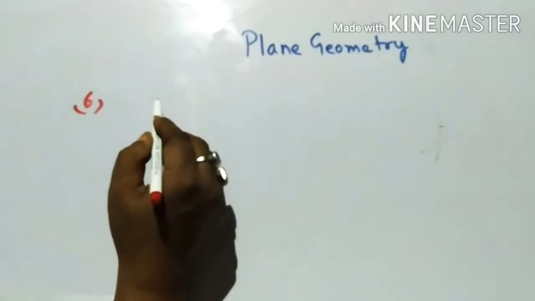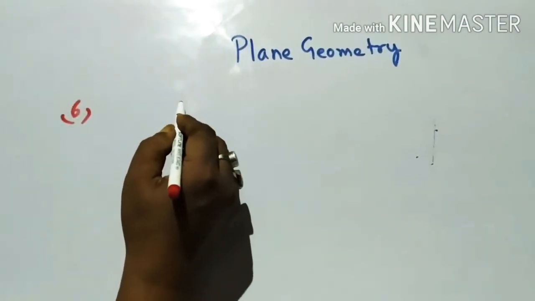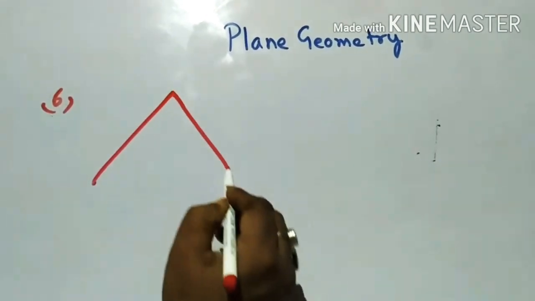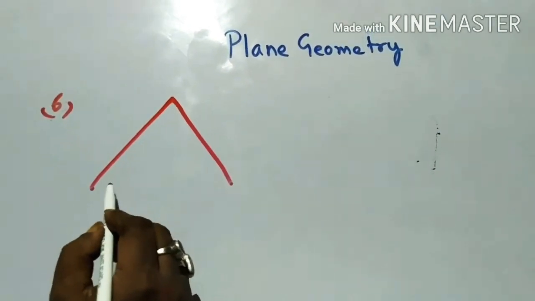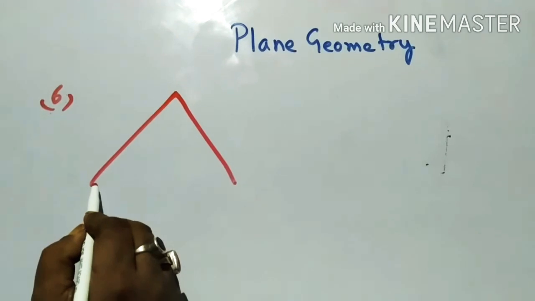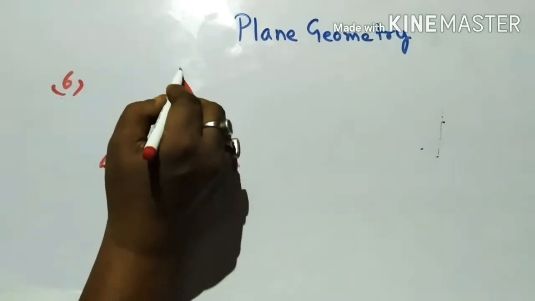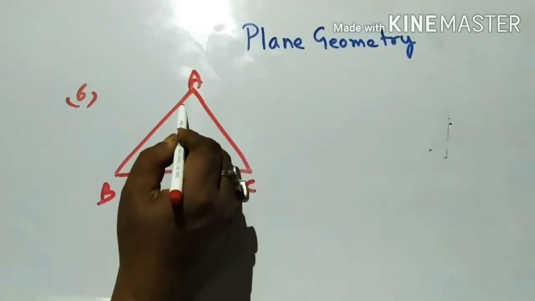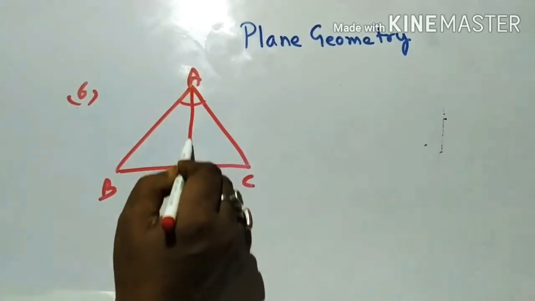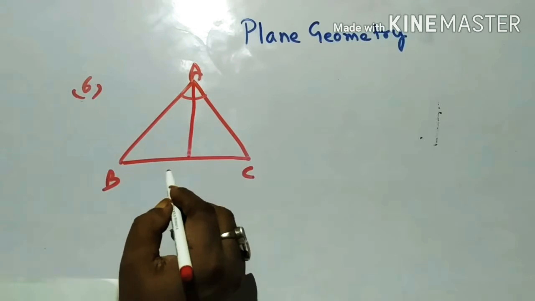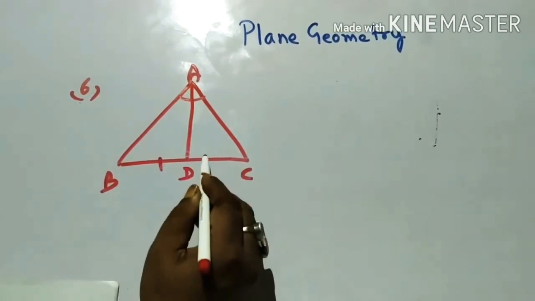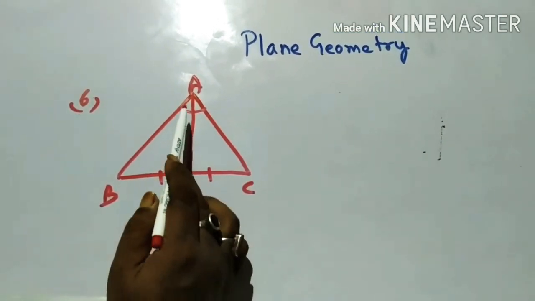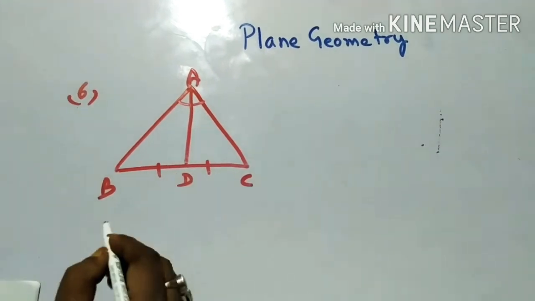If the bisector of an angle of a triangle ABC, suppose this is the angle, also bisects the opposite side, meaning this is equal to this, then we have to prove that ABC is an isosceles triangle.